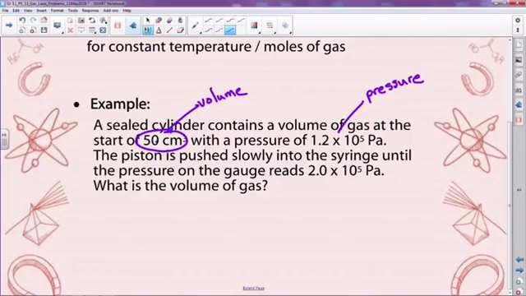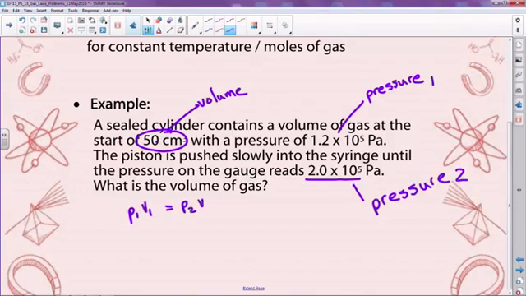Then the piston is pushed slowly into the syringe until the pressure on the gauge reads 2.5. So that's pressure 1. This is going to be pressure 2. And we need to find out what the volume of gas is. So I'm going to go P1 V1 equals P2 V2. Remember, you always need to write down your equation, then you substitute in.